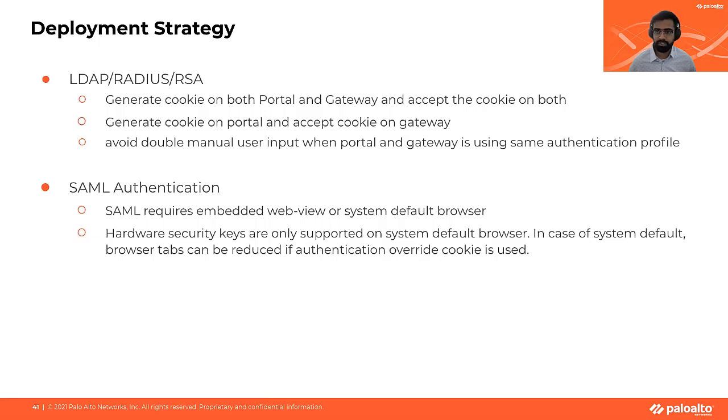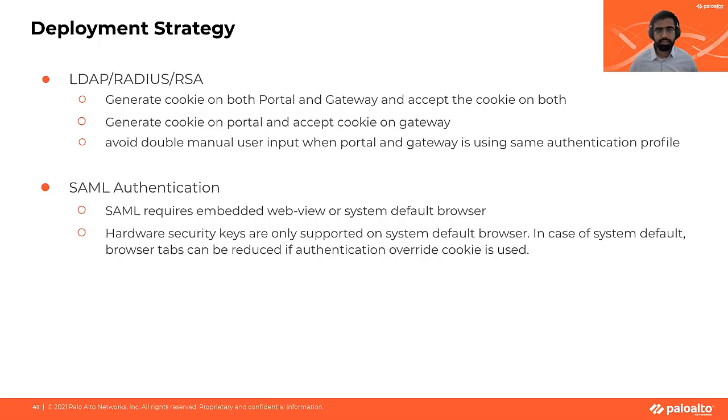You do not want the gateway to be generating the cookie in those use cases. And again, both these deployments that I just mentioned are basically done to avoid double authentication when the gateway and portals are using the same authentication profile.